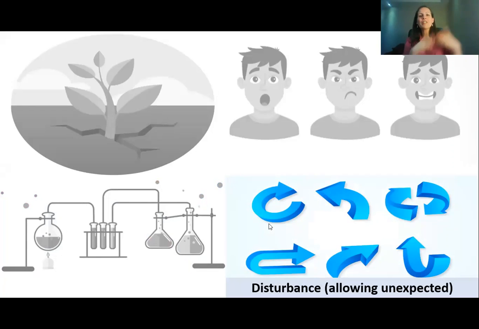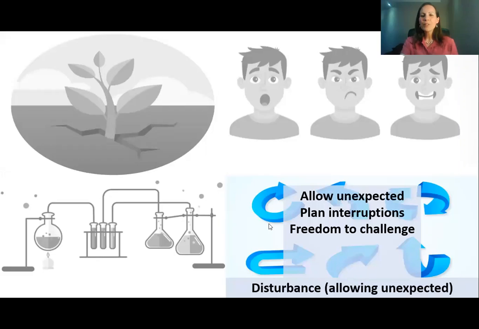But rather than stopping them, let them improvise, let them do something different. Disturbance happens naturally in everyday life. And so we want to allow the unexpected, even perhaps plan a scenario with an interruption, that something happens and the student has to learn how to deal with that. This is what happens in real life.